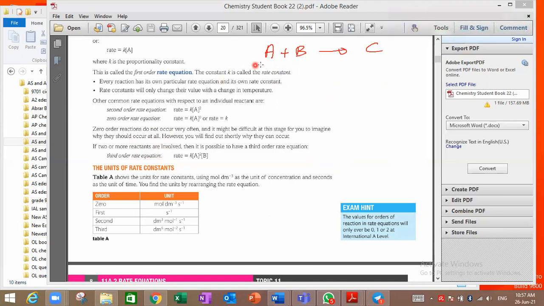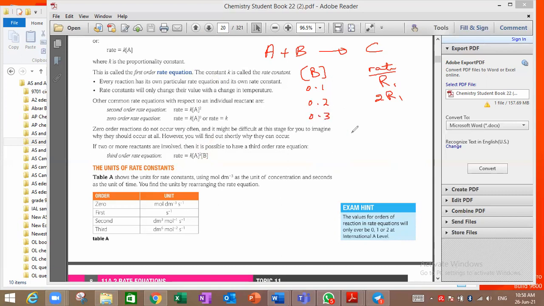So if we have two reactants, like in this case, A plus B, and we find that the rate equation is that the rate equals K times the concentration of A squared times the concentration of B, what does this mean? It means that if the concentration of B was, for example, 0.1 and the rate was rate 1, then if we double the concentration of B to 0.2, we find that the rate also doubles.